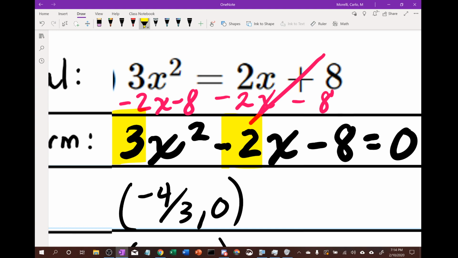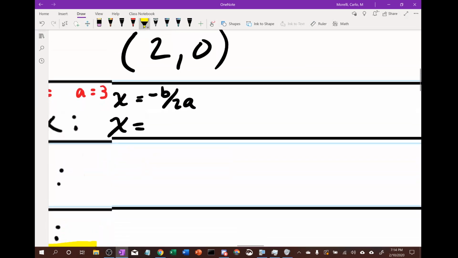Wait, do we multiply 2 times the a? Hold on. We've got to find out what b is first. Oh, okay. b is -2. That's right.